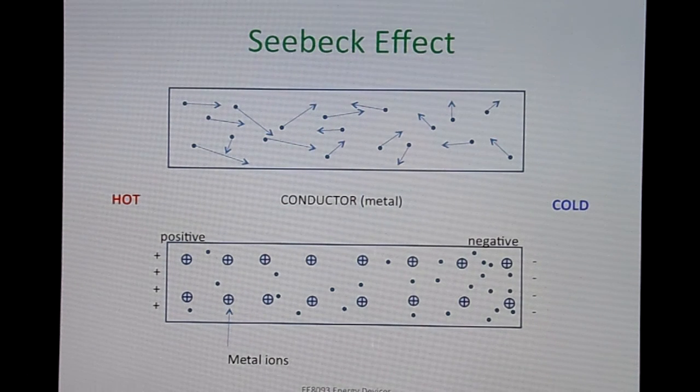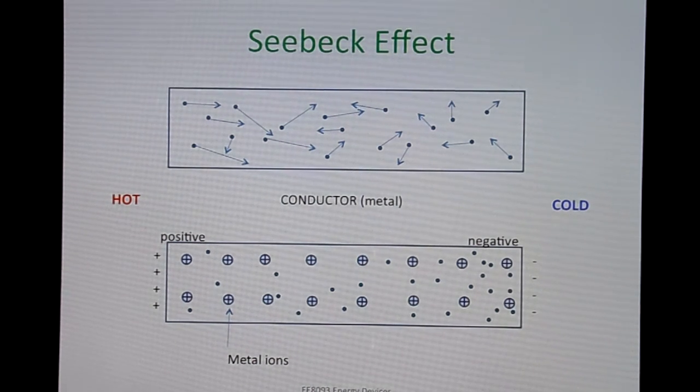So on the top diagram of this slide, we show the electrons in a metal where the left hand side is hot and the right hand side is cold.